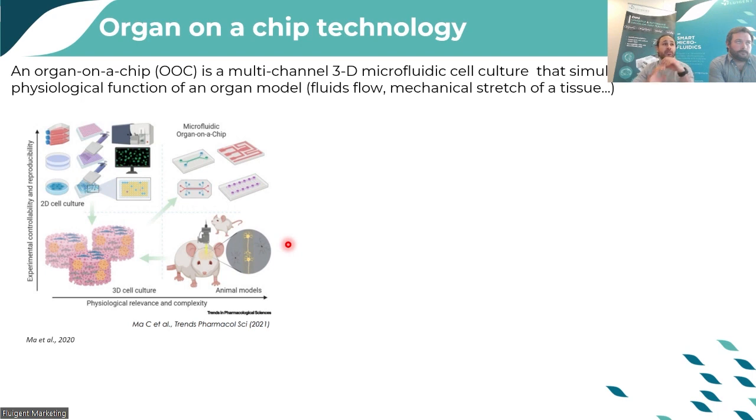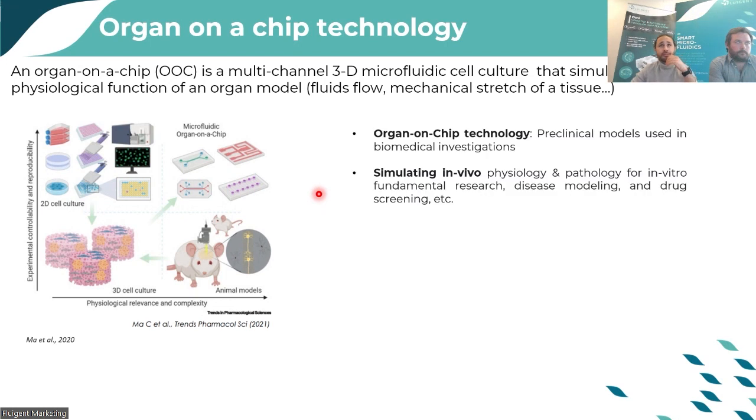So the idea was to combine all these techniques and have the same relevance, even better physiological relevance, and also higher reproducibility, and to overcome the limitations of the current technology, to have a technology that allows testing drugs in an environment as close as possible to the body. So this is why OrganChip has a huge added value.